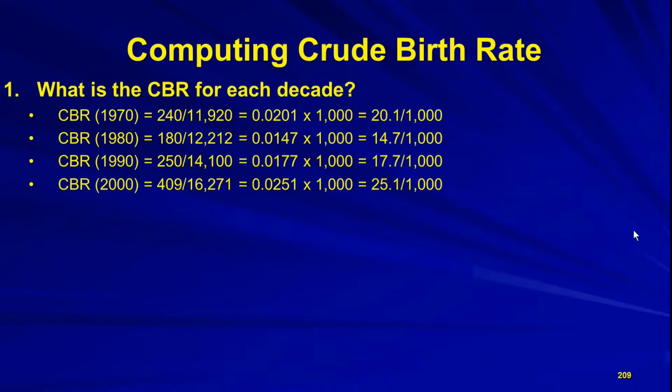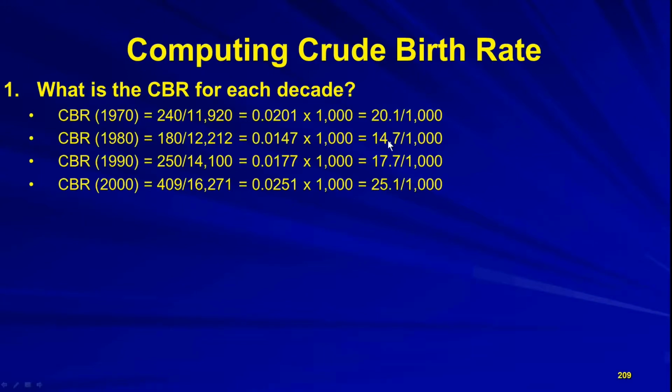Now, the crude birth rate was much higher in 2000 than it was in 1970 and the other years that we examined. Now, you say, well, golly, why is 1980 so much lower? Why was the birth rate significantly less or far less than the other years?